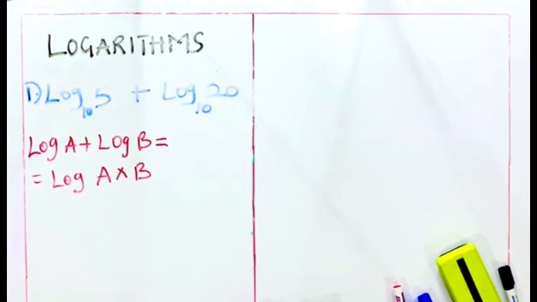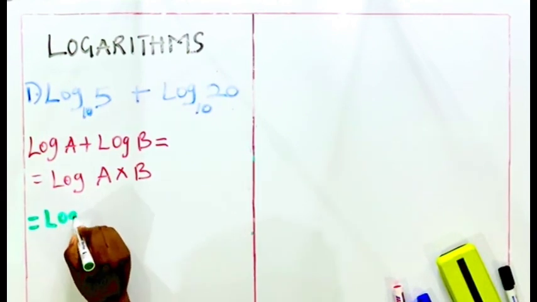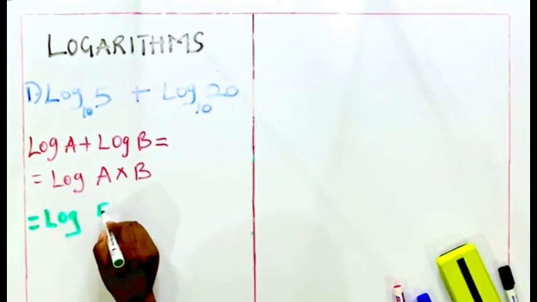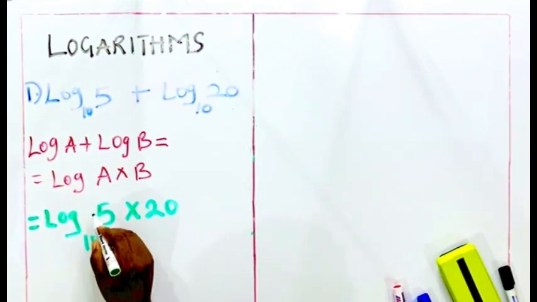So in this case, we have log 5 plus log 20. Log 5 plus log 20 can also be expressed as log 5 times 20 to base 10.